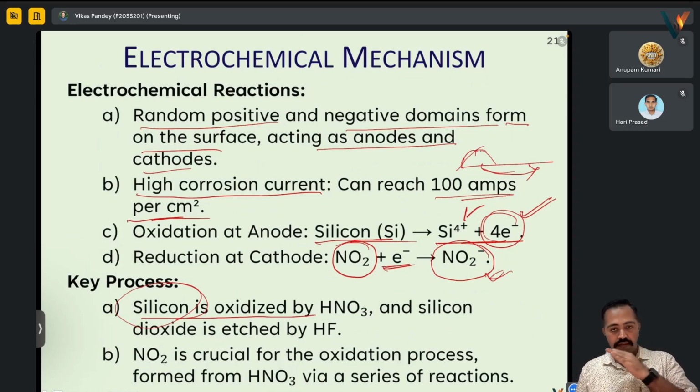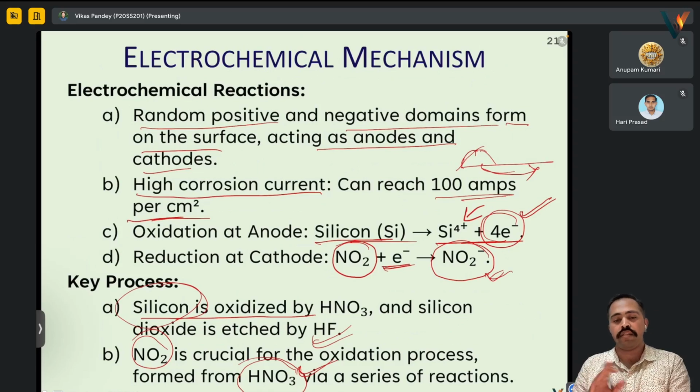And this, say, the first layer is etched, made into oxide, and then if it is dipped into HF, we already know that it will etch out the silicon oxide. NO2 is crucial for this oxidation process, and this is formed from HNO3.